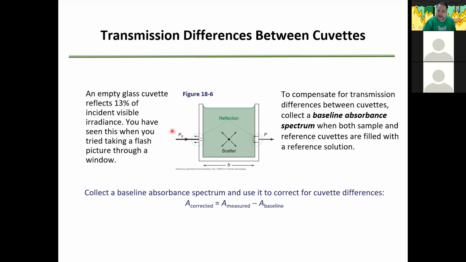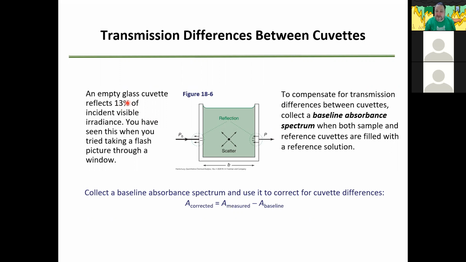Whether this cuvette is dead on or tilted slightly to the side is going to affect both the path length, the distance the light travels through, as well as that reflection process. Positioning error, you would think, would not be a big one, but with this 13%, if you're changing the angle by just a couple of degrees, you can introduce upwards of a 5%, almost up to a 10% error in your observed absorbance.